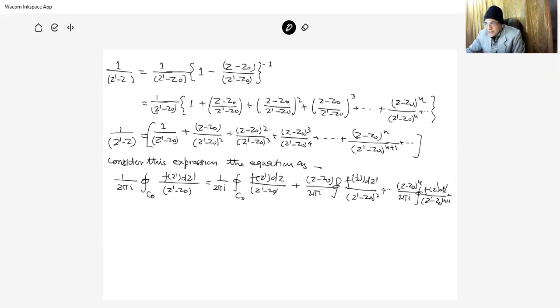So this one is the case when z' is greater than z0.